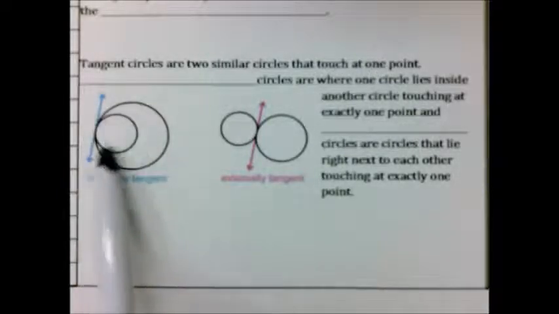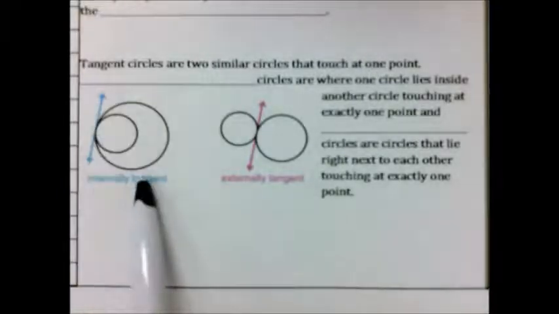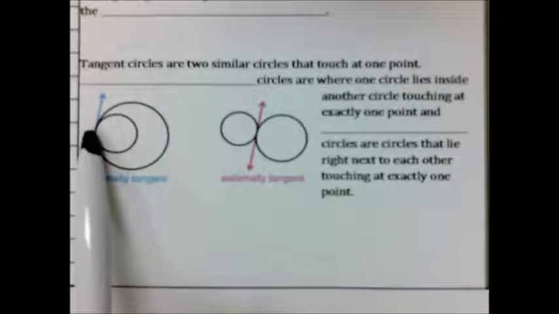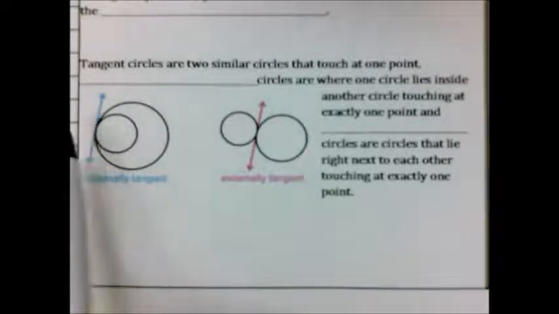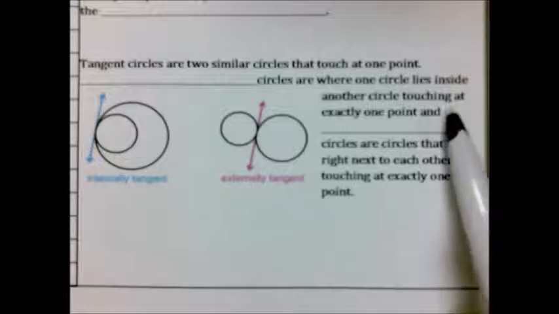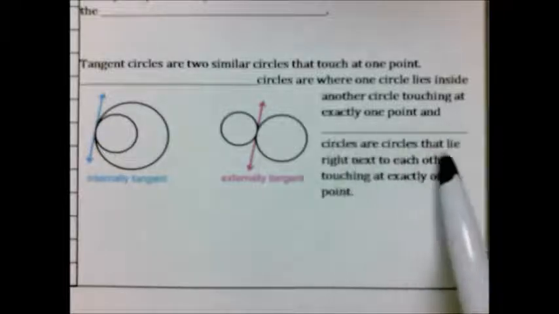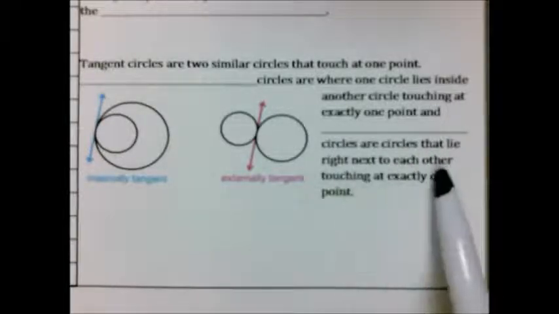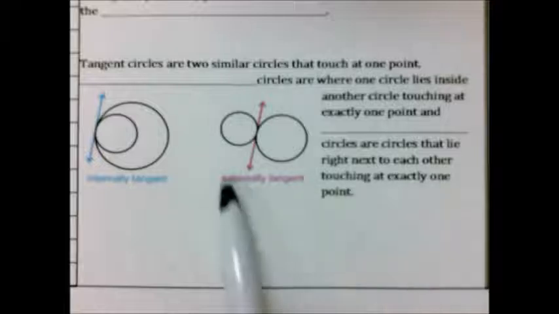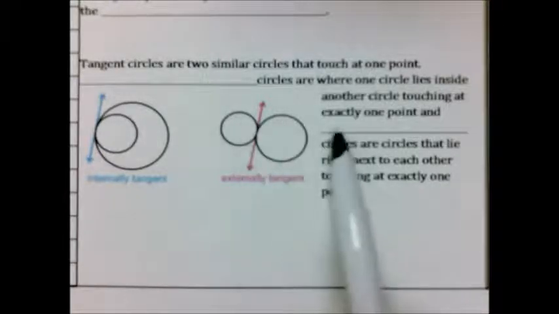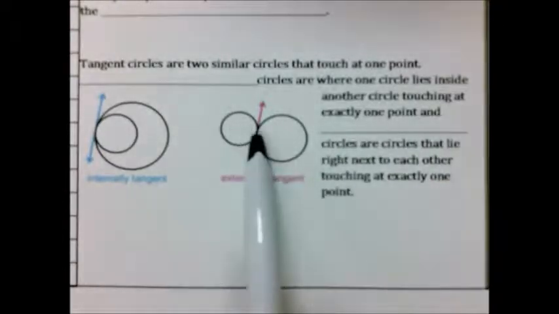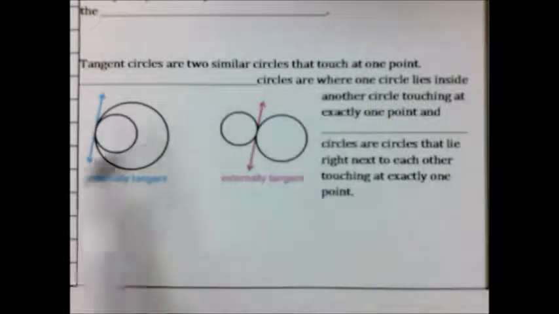The smaller circle lies inside the larger circle, and they connect at that 1 point of tangency right here. Whereas blank circles are circles that lie right next to each other, touching at exactly 1 point. Those are externally tangent. They connect at 1 point, lying right next to each other.